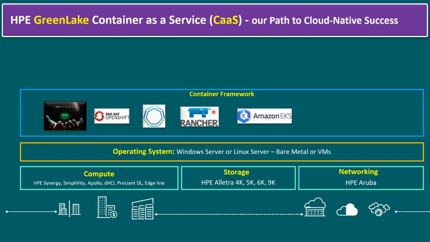If the customer already has workloads running on a public cloud, which is Amazon, and within our HPE CMP platform, the cloud management platform, we have an integration capability from on-premises to our public cloud AWS. When they are planning to adopt a containerization framework, they already have an AWS integration.